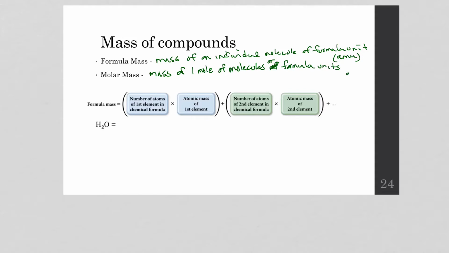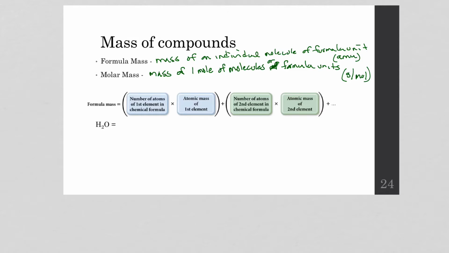And this is going to be in units of grams per mole, just like we saw when we had the molar mass of elements. Now, how do we obtain the formula mass or the molar mass? Well, we simply add up the atomic masses or the molar masses of the individual atoms in our compound.